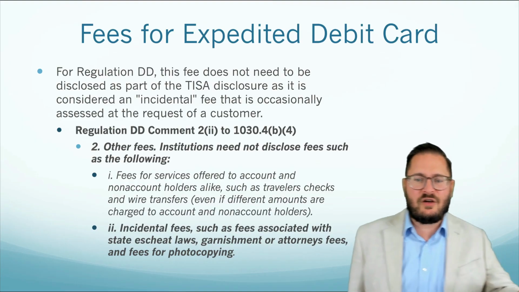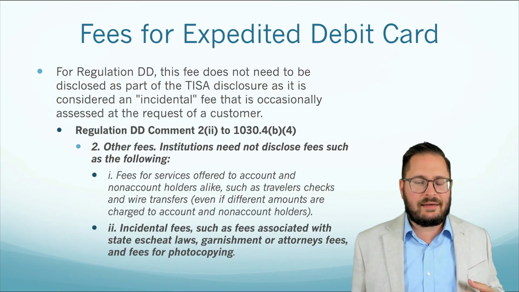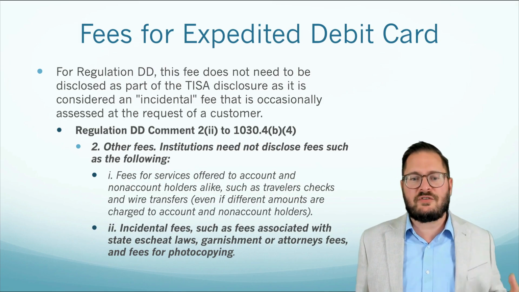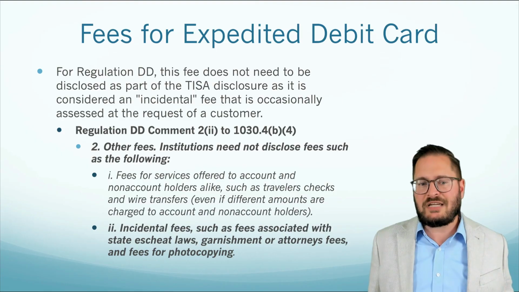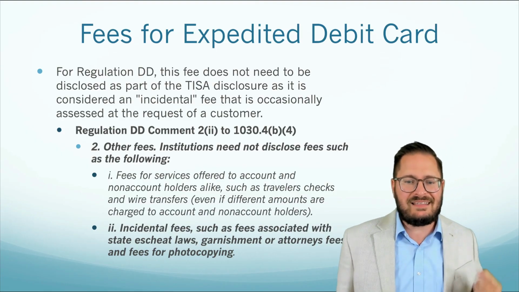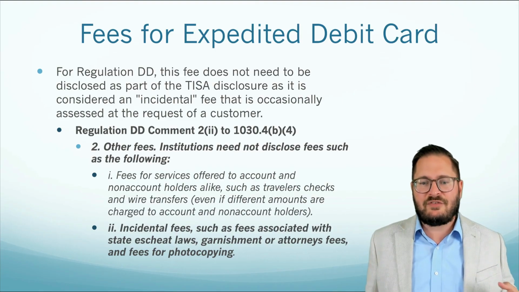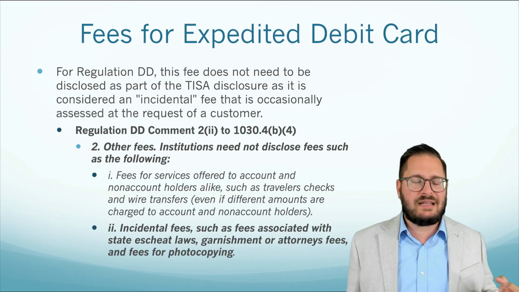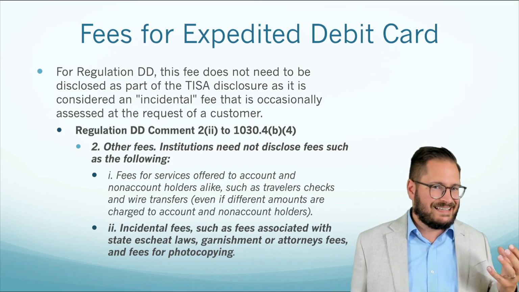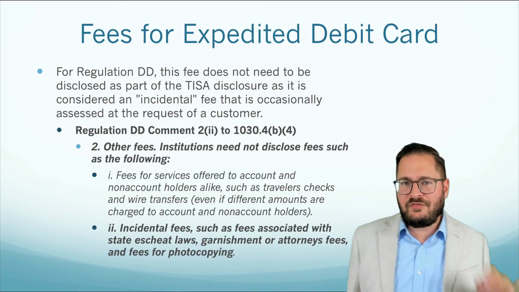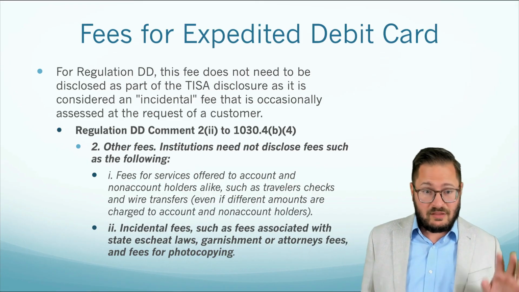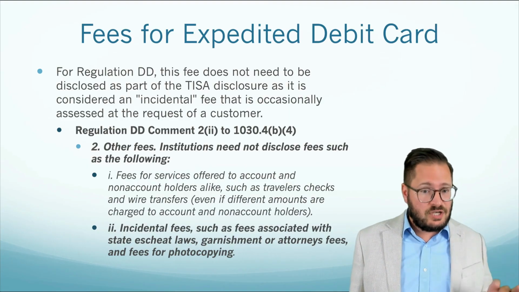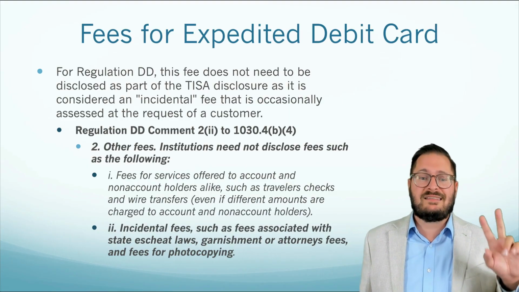Institutions need not disclose fees such as the following. Number 1 says fees for services offered to account and non-account holders alike, like traveler's checks, wire transfers, and even if different amounts are charged to account holders and non-account holders. But that's not the case here, because our fee for an expedited debit card is only going to be assessed to account holders. So we look for Comment 2.2, which refers to incidental fees.